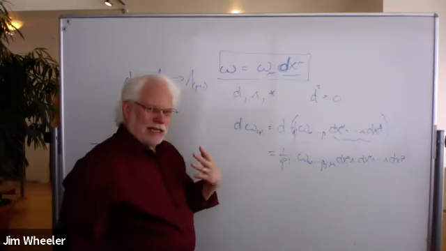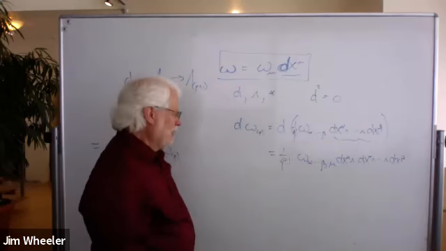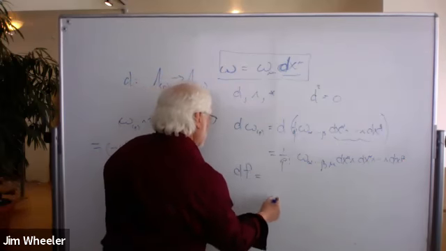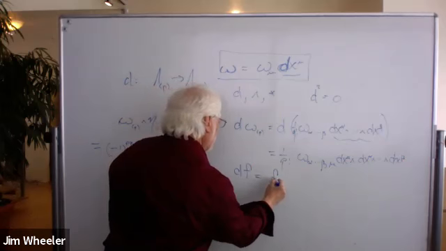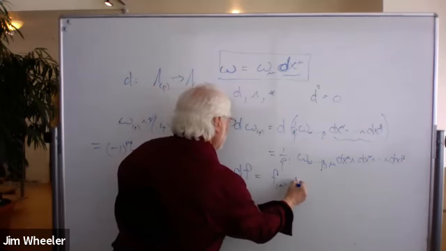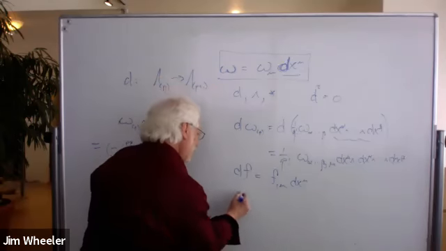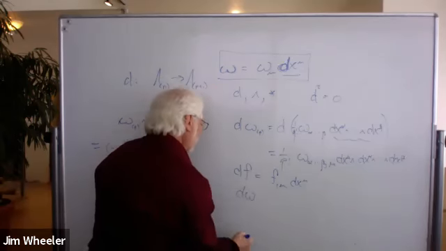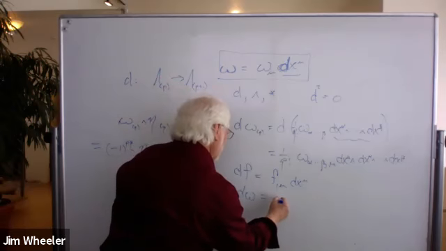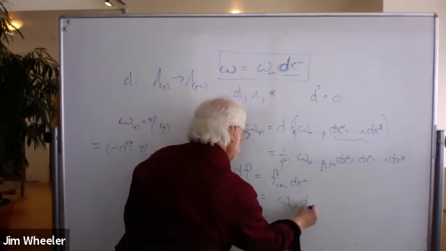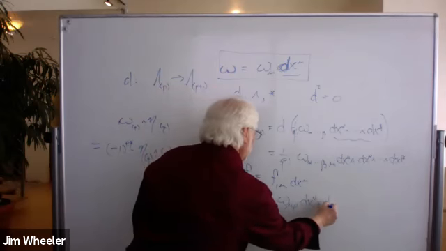Now, this includes a whole lot of familiar things. So if I have a function, it's just going to be the gradient of the function written as a 1 form. If I take d of a 1 form, I've got omega mu comma nu dx nu wedge dx mu.